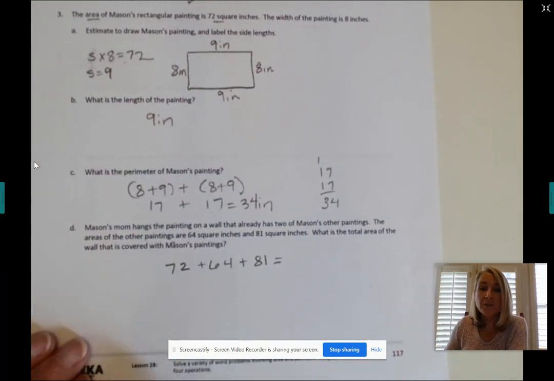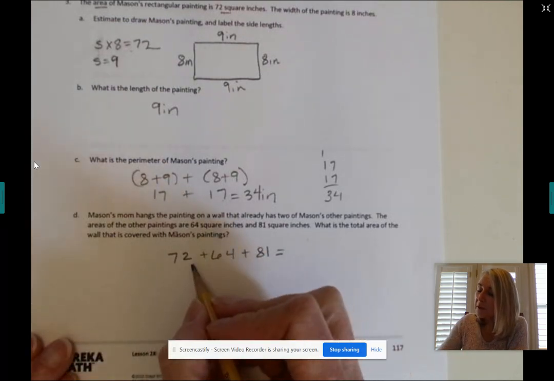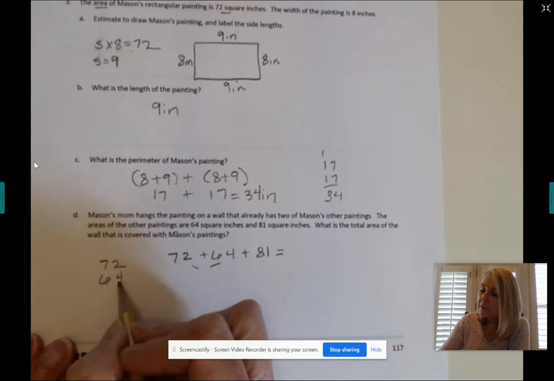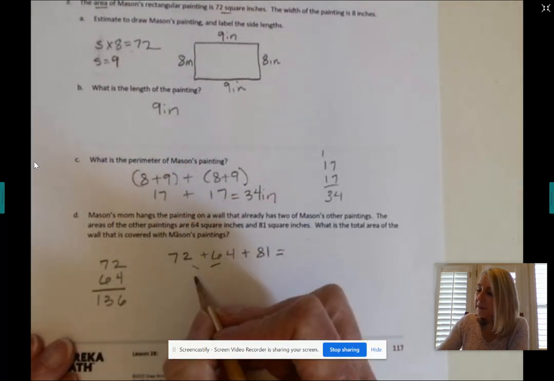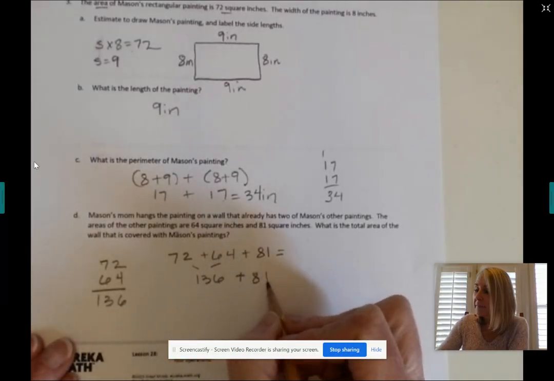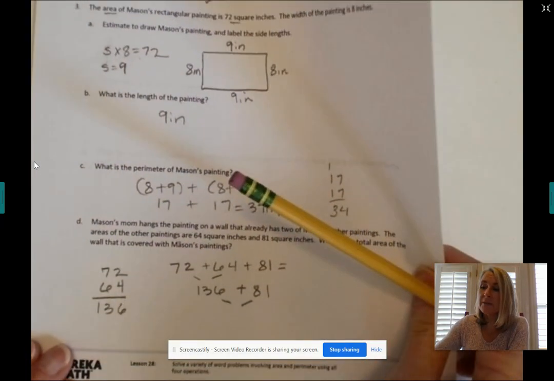Now, these are larger numbers. There's going to likely be regrouping. So I'm going to go ahead and start with the 72 and the 64. And I end up with 136 here. I'm going to pull down my 81, and then I'm going to add those 2 together to get my final answer.